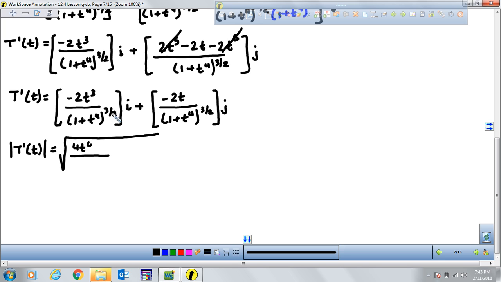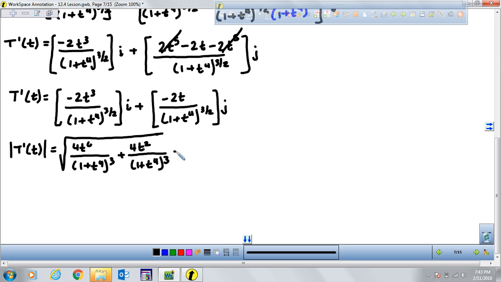If I square it, the half is going to get out of the way. It's going to reduce. So I'm going to be left with 1 plus t to the fourth raised to the third power. Plus, square the negative 2t, that would be 4t squared, over, square this, it would be 1 plus t to the fourth raised to the third power.